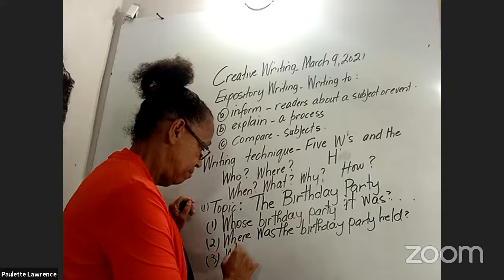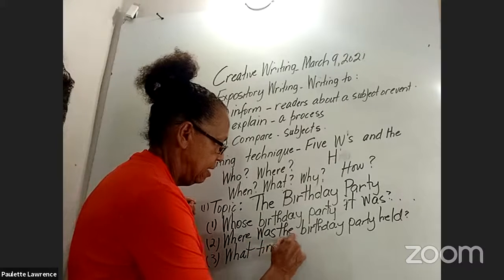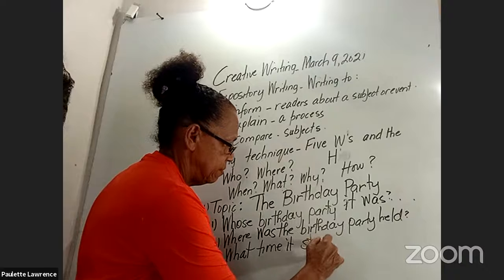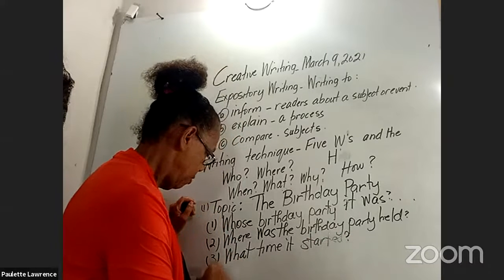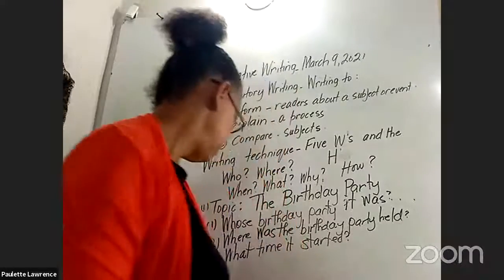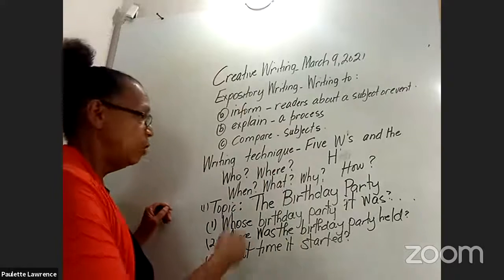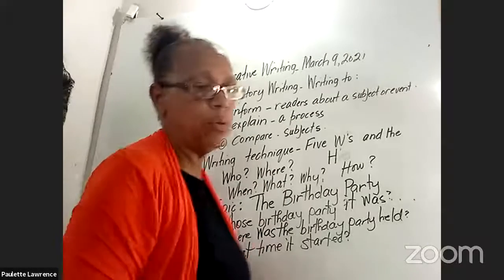What time did it start? Or what else could we say? What time? The place. Where was the party? What time did it start? What other question could we use?